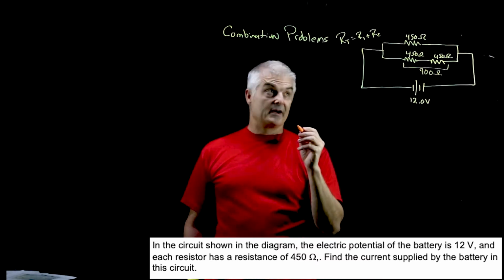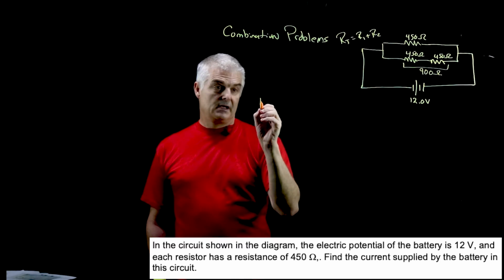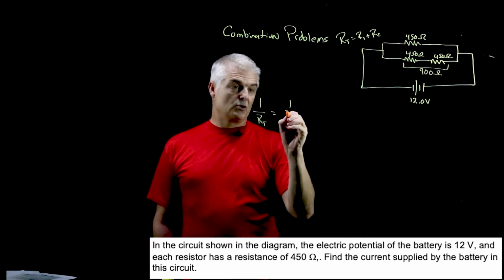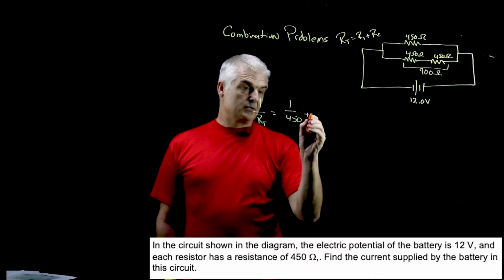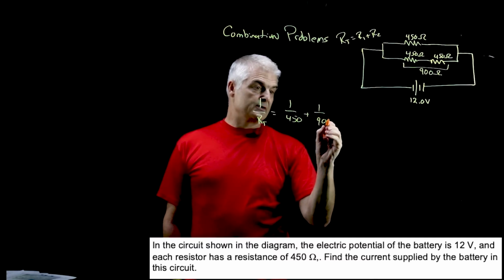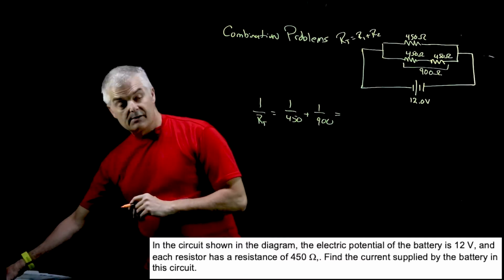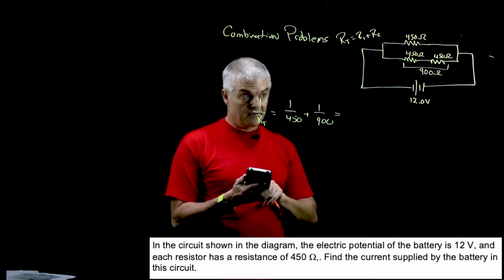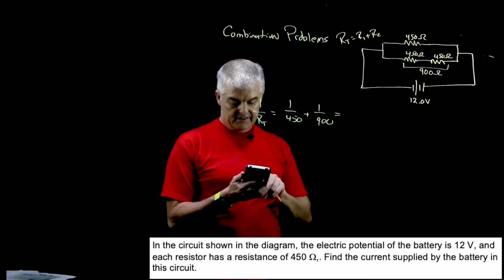And so now if I want to find the resistance, I can say 1 over R total would be equal to 1 over 450 plus 1 over 900. On my calculator, I'm going to just literally type 1 divided by 450 plus 1 divided by 900.